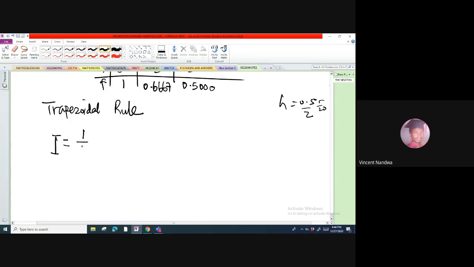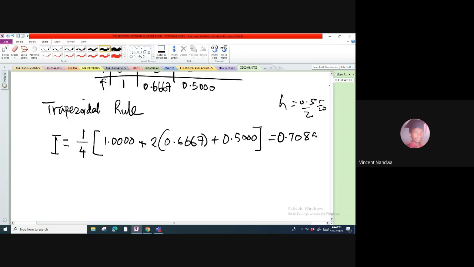So we'll have 1 over 4 into 1.0000 plus 2 into 0.6667 and then plus 0.5000. So the answer becomes 0.70835.